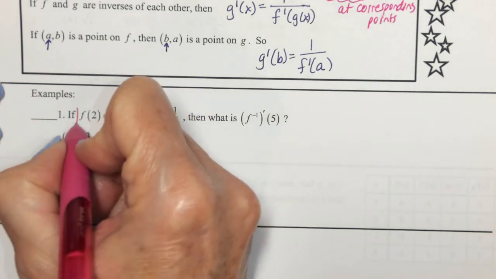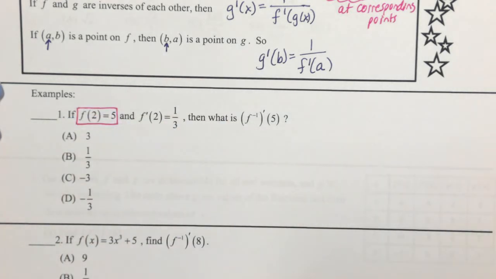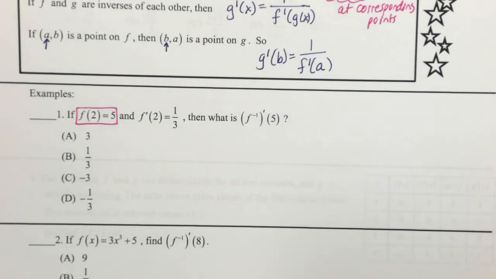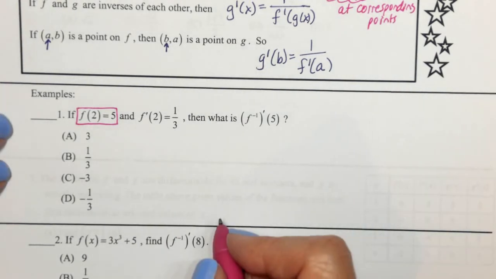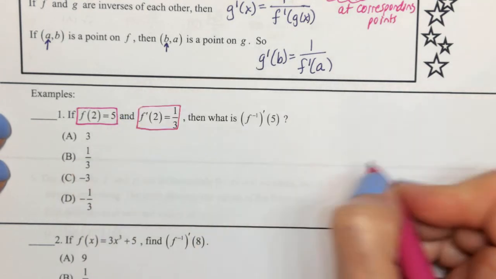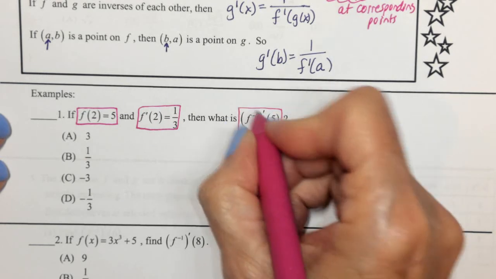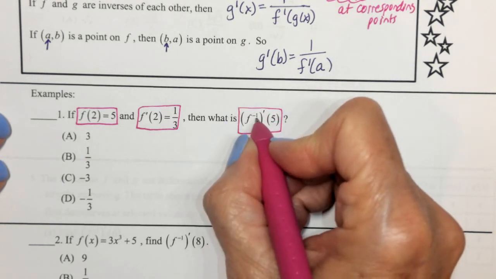Here's one way I've seen on multiple choice questions on the AP exam. If F of 2 is 5 and F prime of 2 is 1/3, then what is the derivative of F inverse at 5?